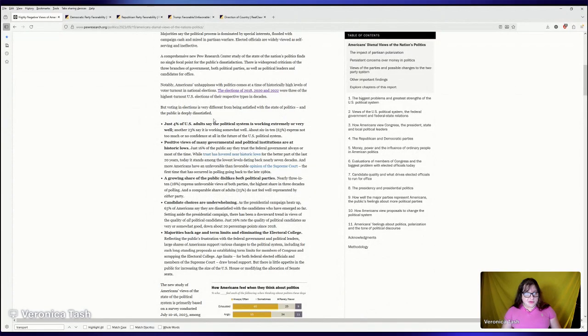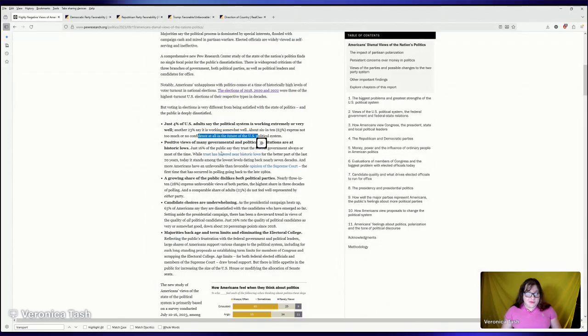And let's just go here to what the bullet points are. Only 4% of U.S. adults say the political system is working extremely or very well. 23% say it's working somewhat well. Whereas the supermajority, the 63%, express that they have not much or no confidence at all in the political system.